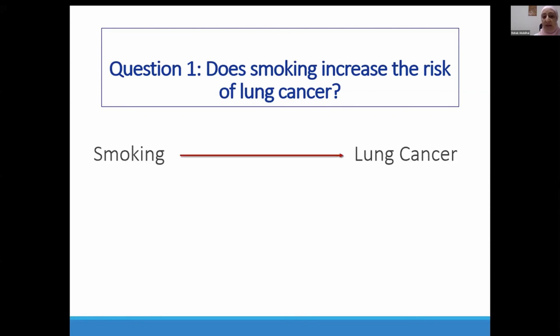So my exposure is smoking, my outcome is lung cancer. And both exposure and outcome are there in my question, and both of them are included in my study hypothesis.